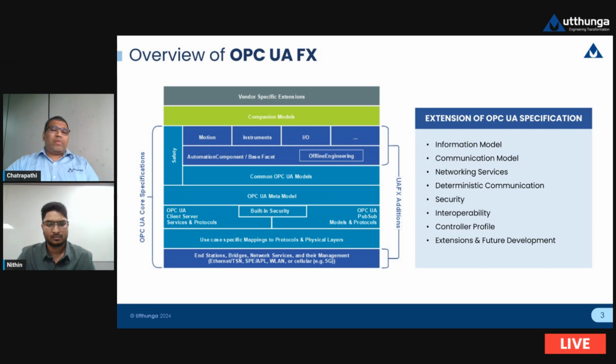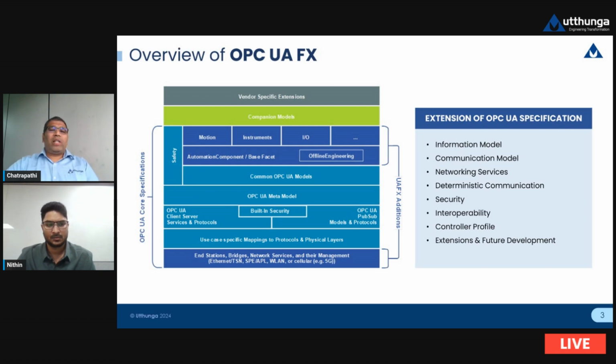Then controller profile. This is again specific to controllers. There is a reason why controllers were chosen as the initial prototypes and development for OPC UA FX.